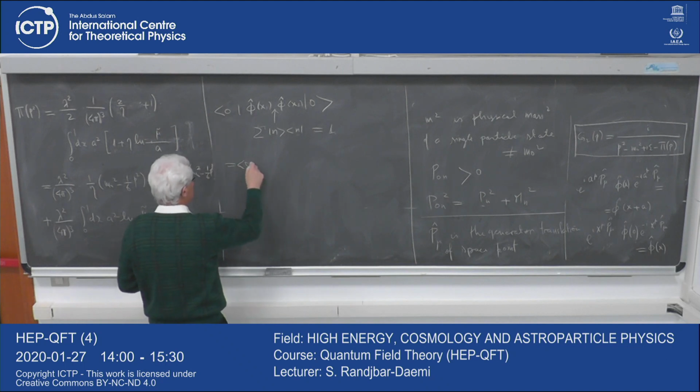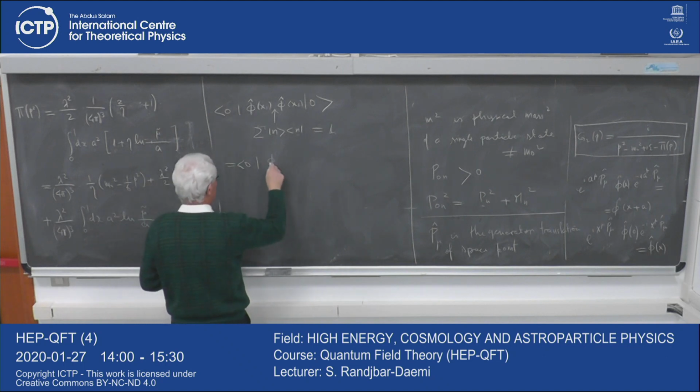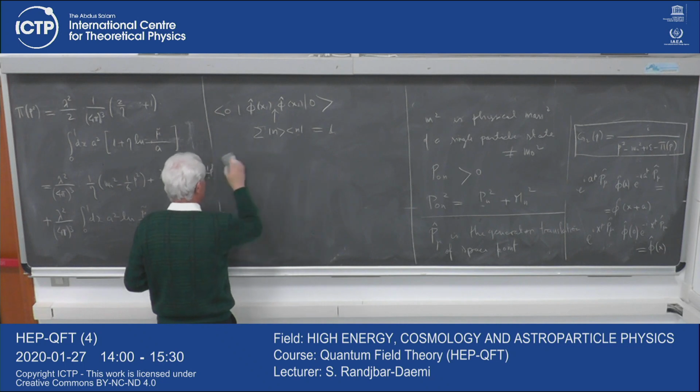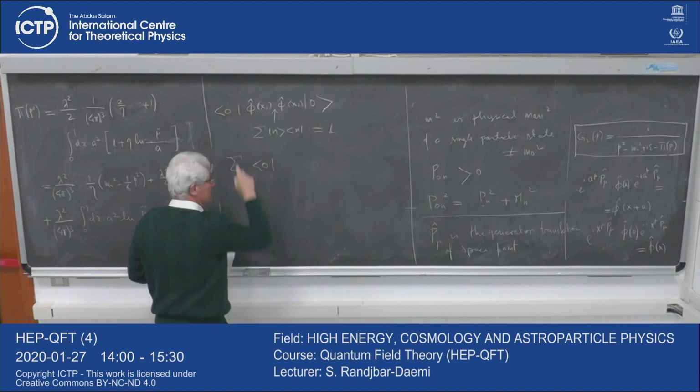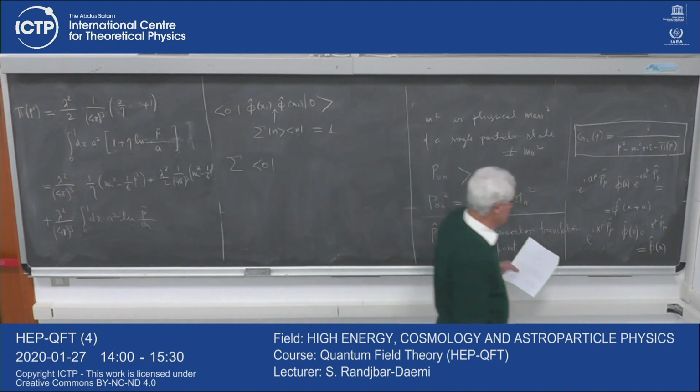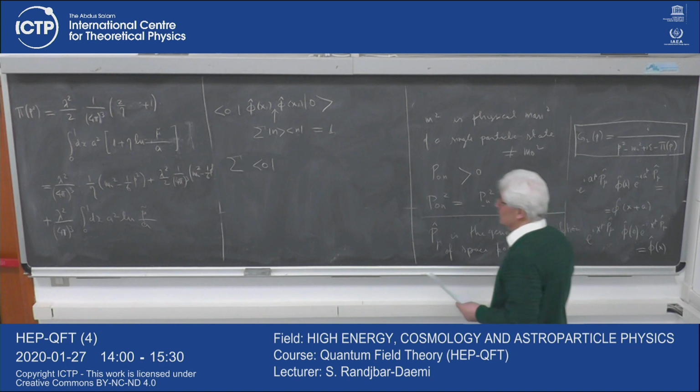So this will give you ground state, it will give you a sum of ground state. Can I also at the same time substitute for that object from here?